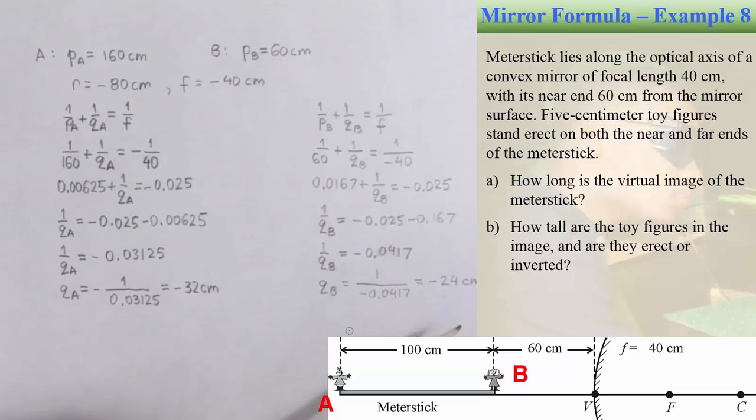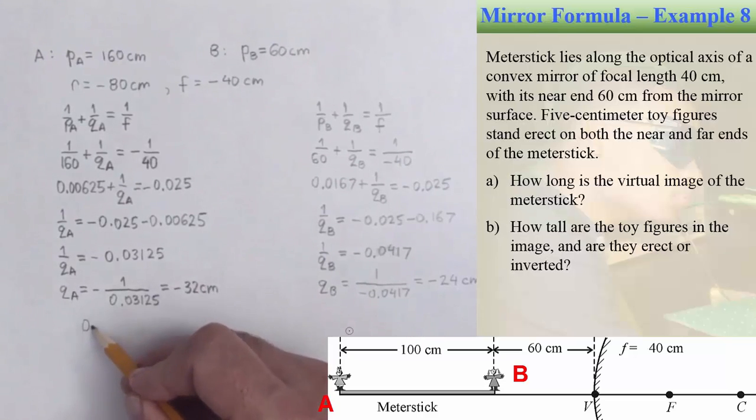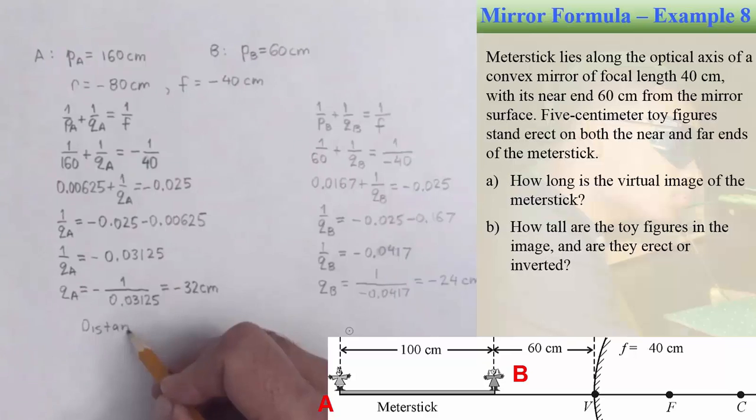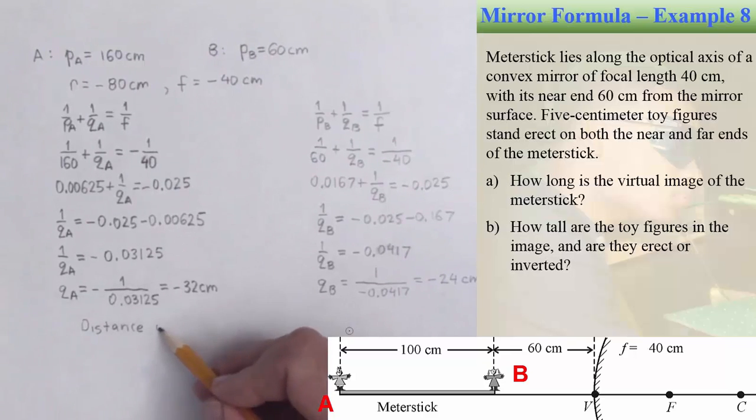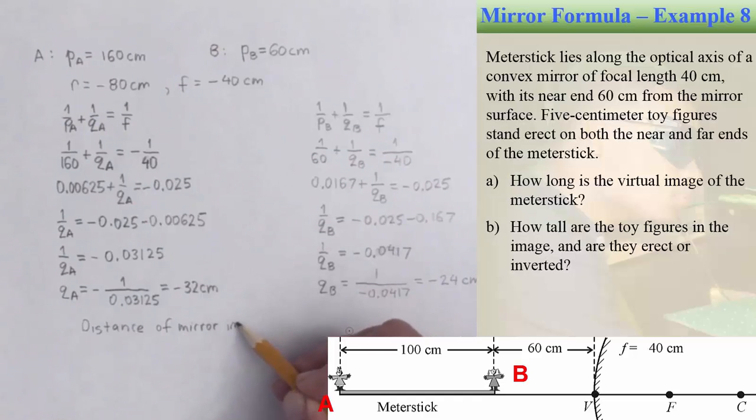So the distance of mirror images is 8 centimeters.